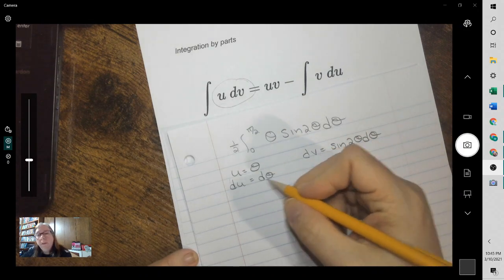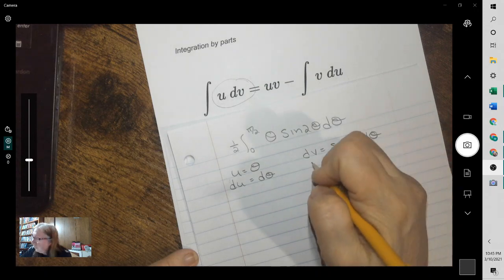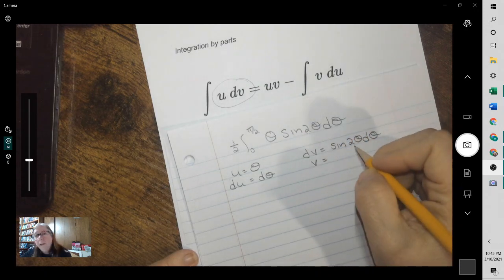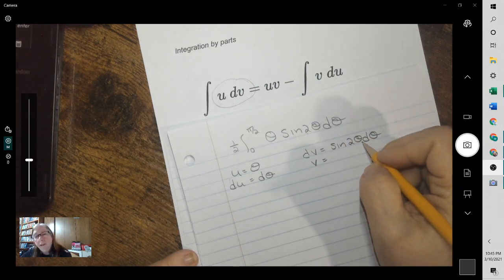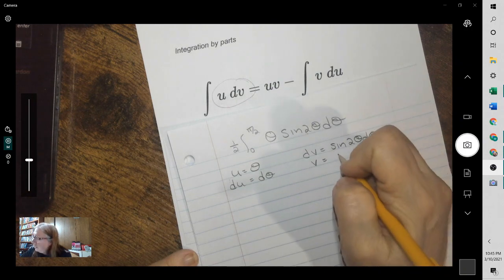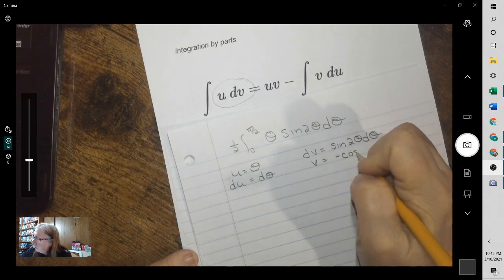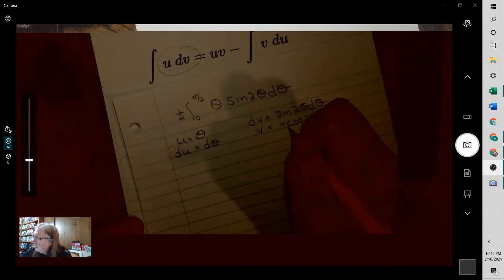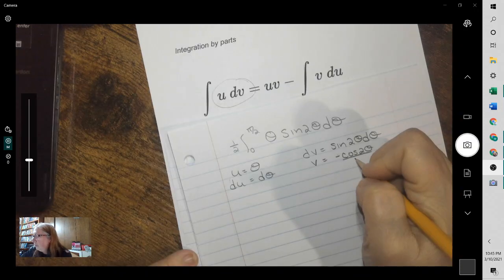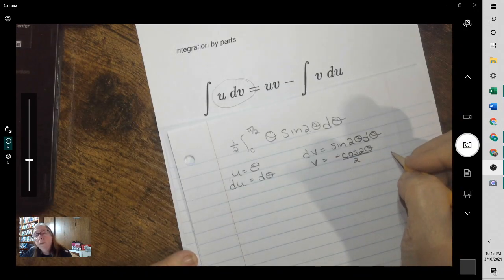Here we took the derivative, here we take the integral. So we get v equals the integral of sine 2 theta, which is negative cosine 2 theta divided by the derivative of the inside, which is 2.